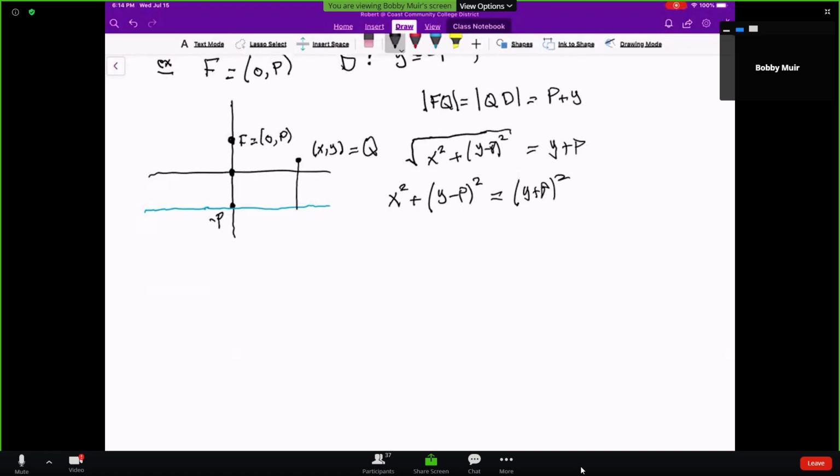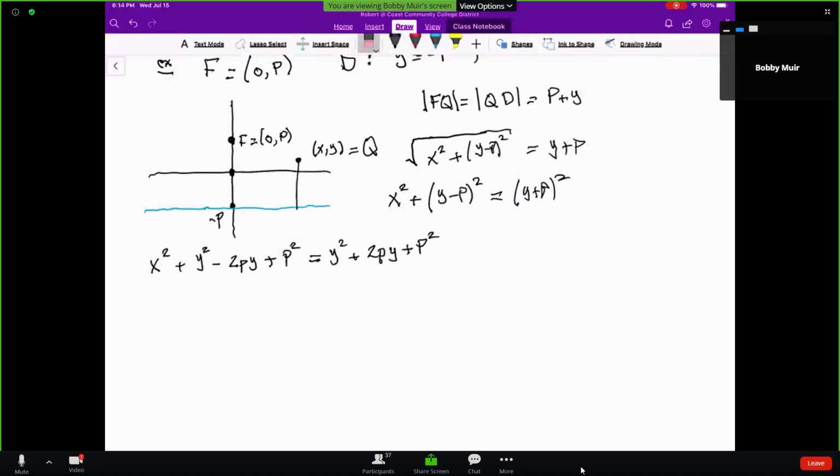All right, so now this is going to go x squared plus y squared minus 2py plus p squared is equal to y squared plus 2py plus p squared.